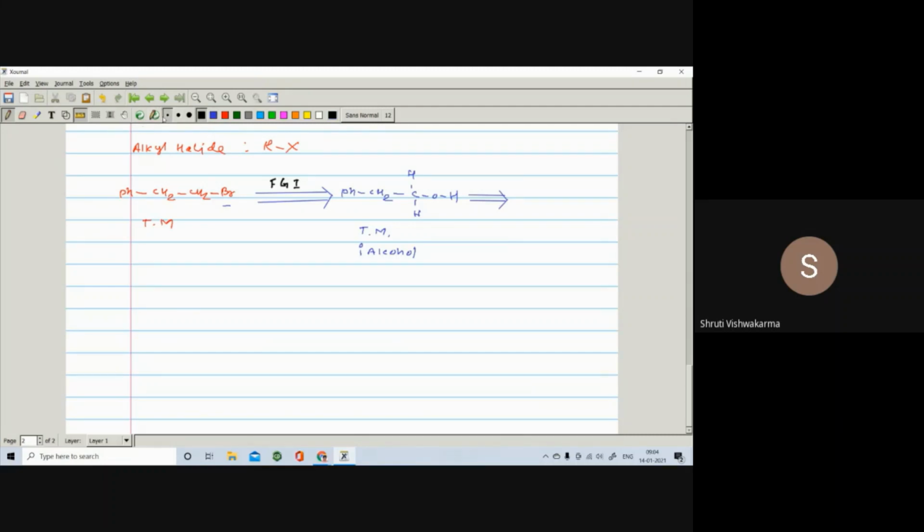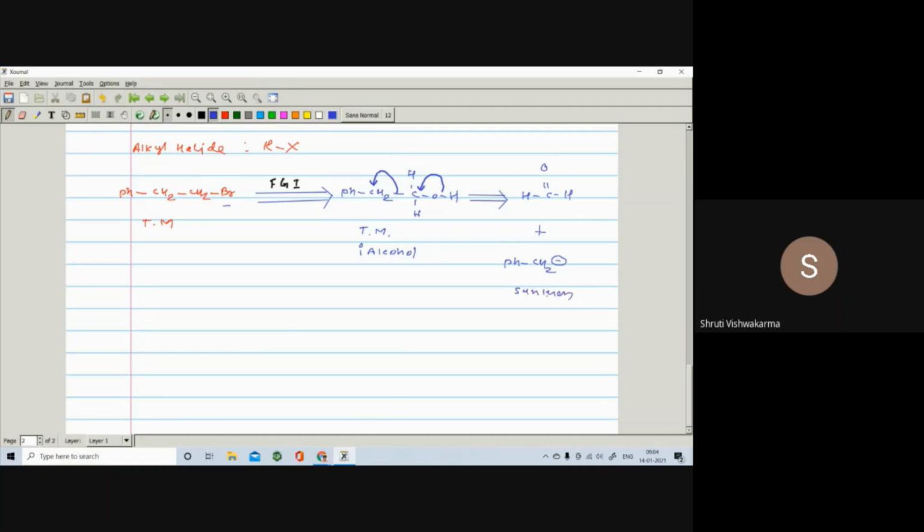In a disconnection, what happens? This sigma bond opens on this carbon, C becomes negative, C becomes positive, and this sigma bond will shift here. There is formation of a carbonyl compound. So you get H, C double bond O. One is formaldehyde, and the other fragment is Ph, CH2 negative.